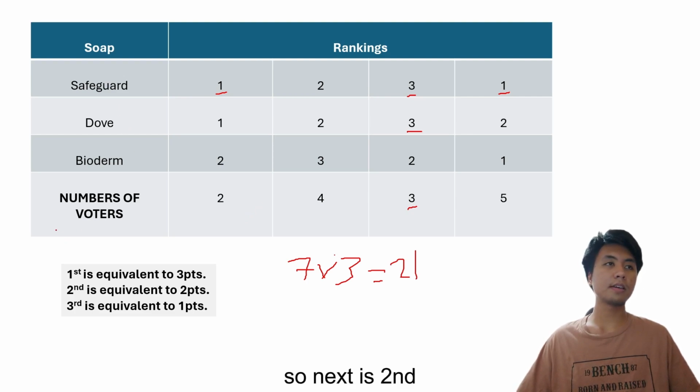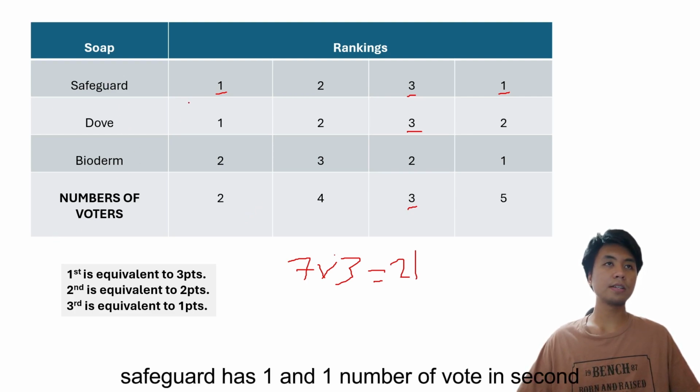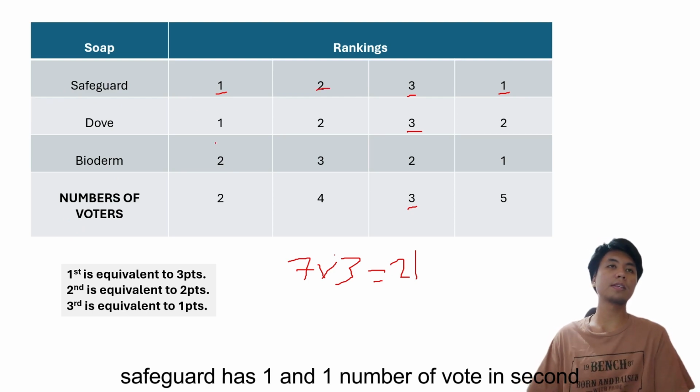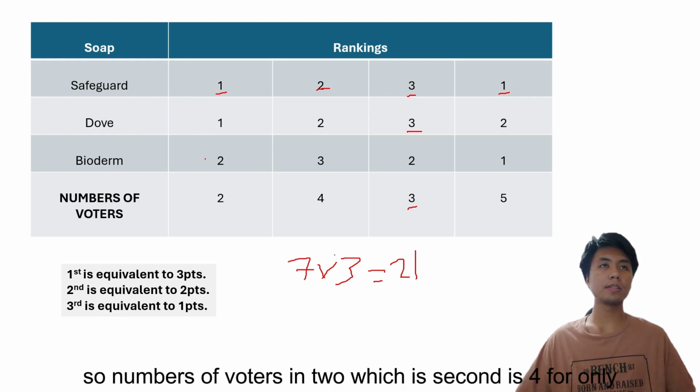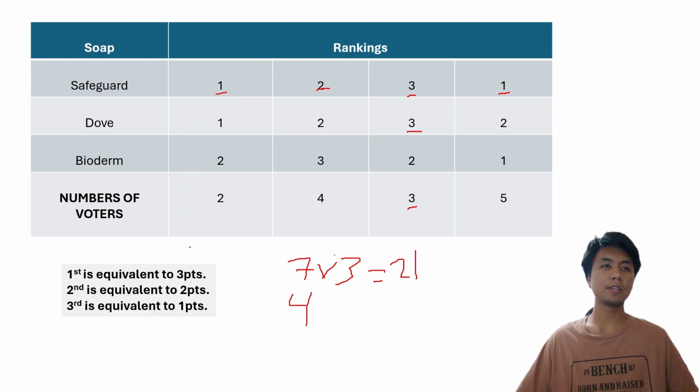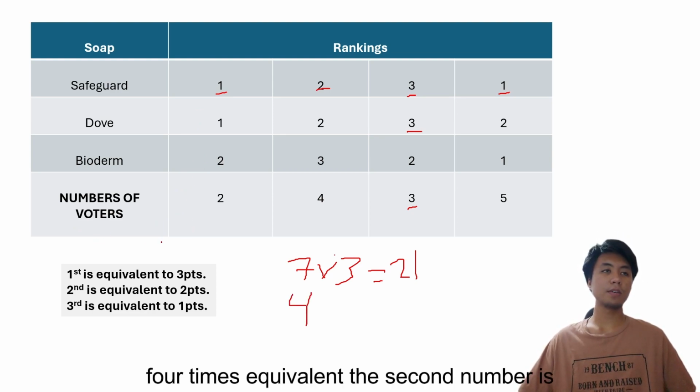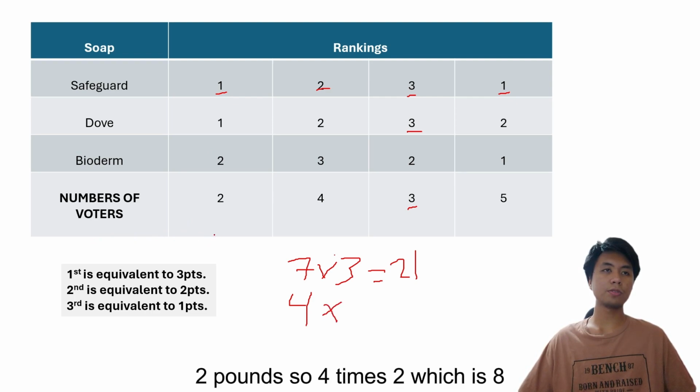Next is second. Safeguard has 4 votes in second. Second is equivalent to 2 points, so 4 times 2 is 8.